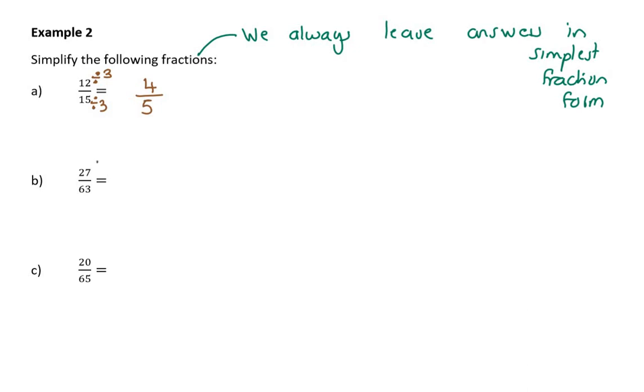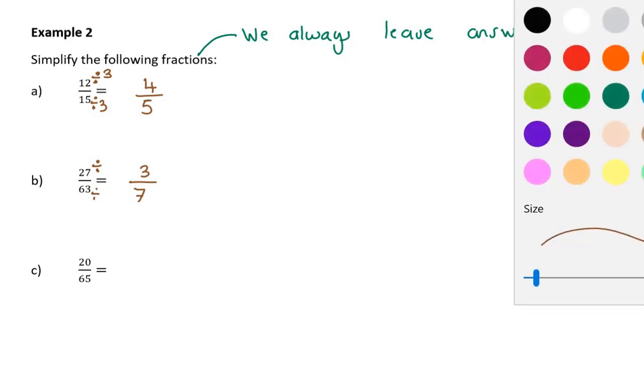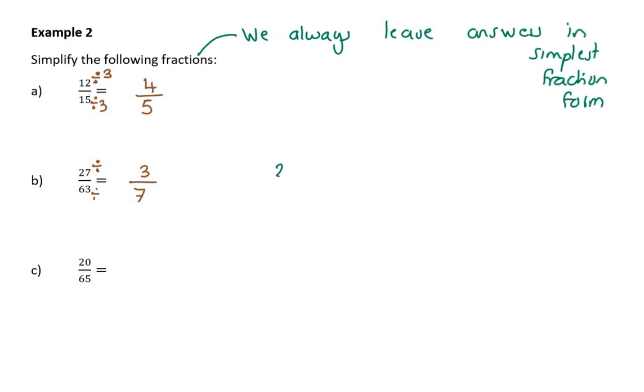Okay, what goes into 27 and into 63? Well, I know 3 goes into it. Does anything bigger? So I checked and I got 9 goes into 27. So 9 goes into 27 3 times, and 9 goes into 63 7 times. Now, what happens if you didn't check 9? What happens if you had said 27 divided by 63 and you divided this by 3 and divided this by 3?